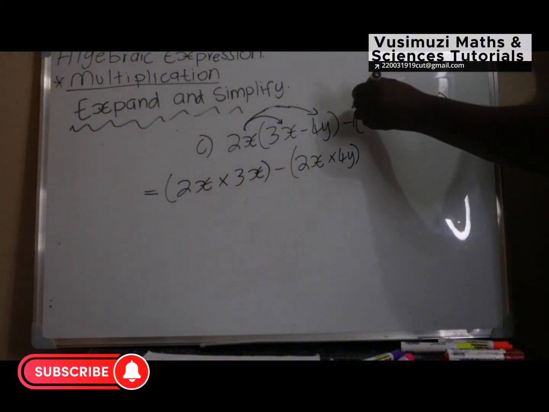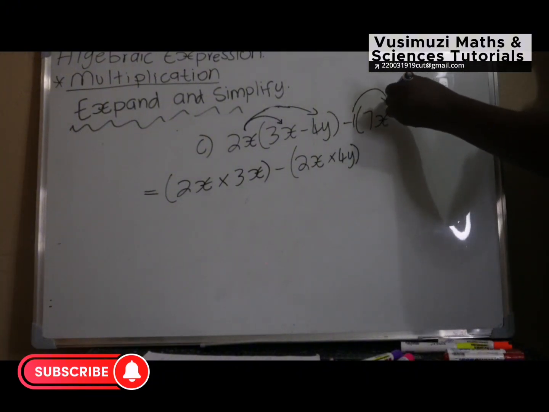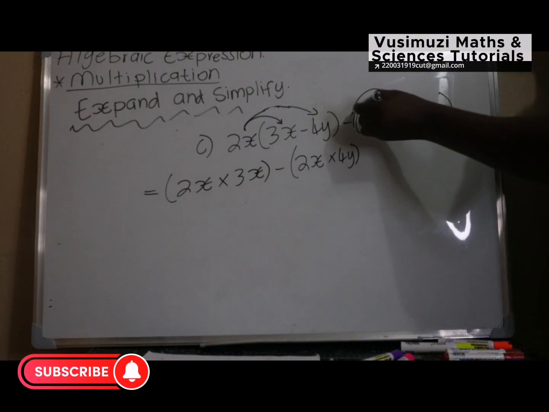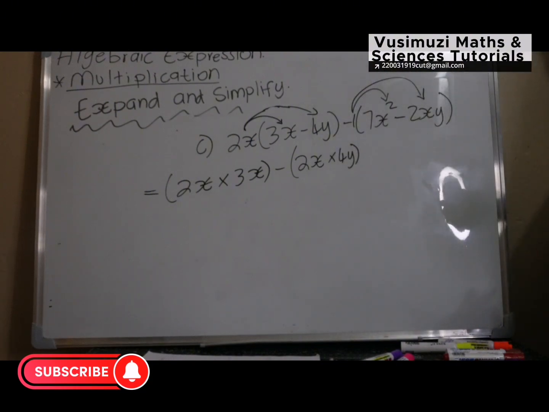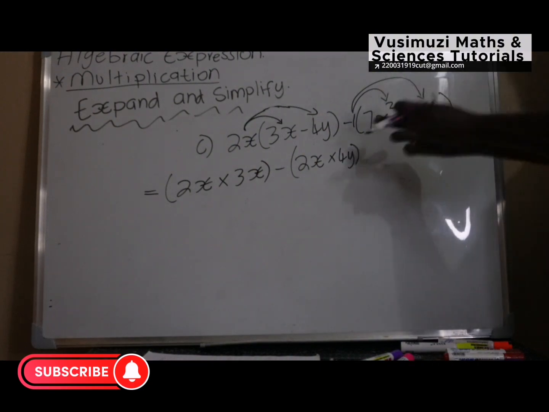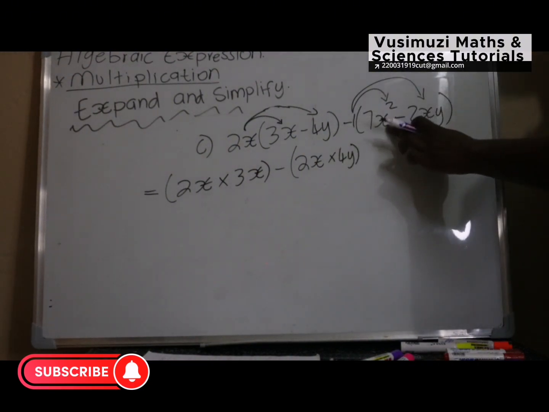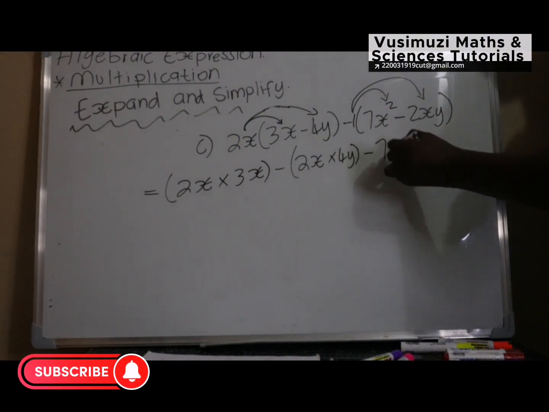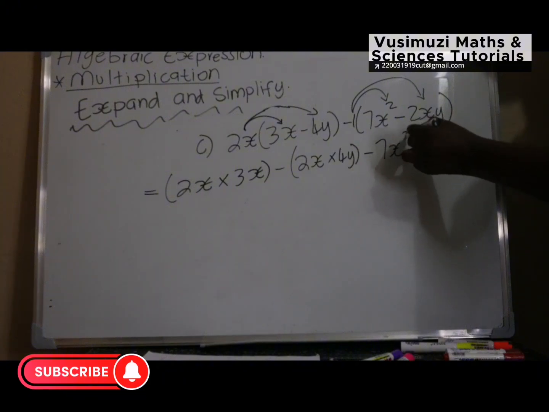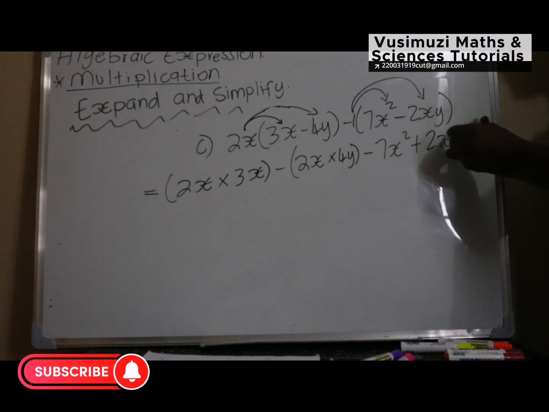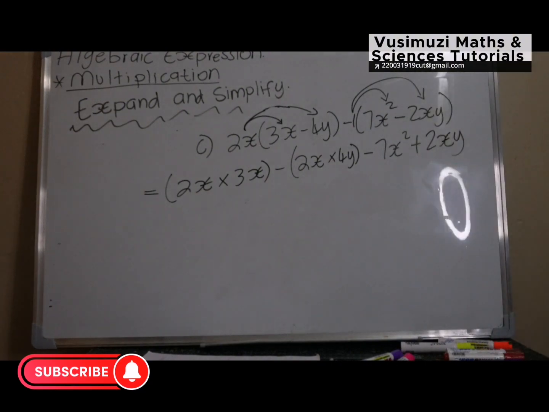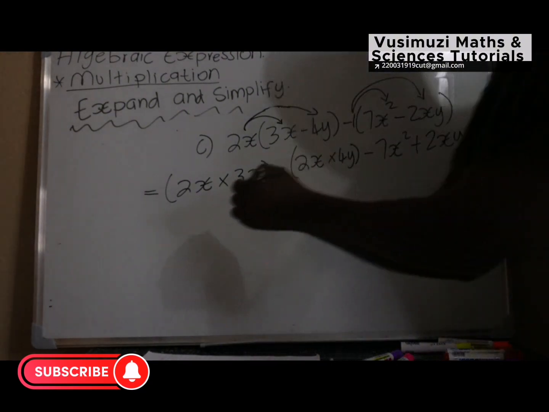So this negative 1 is going to multiply each term inside this bracket: negative 1 times 7x squared gives minus 7x squared, and negative 1 times negative 2xy, negative times negative is positive, gives 2xy. I hope I'm clear on that one.